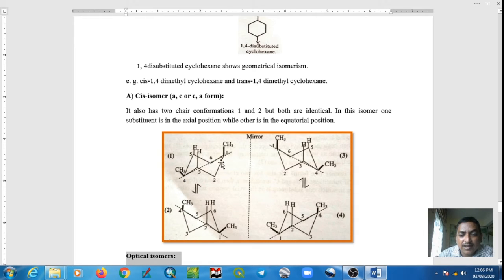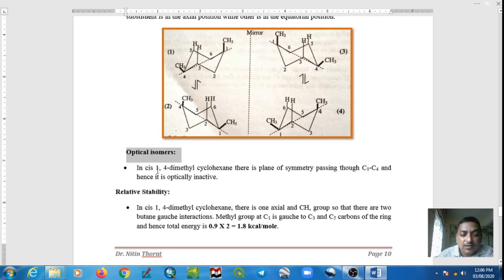Remember why it is optically inactive? Cis 1,4 dimethyl cyclohexane has a plane of symmetry passing through the C1 and C4 carbons, that's why it is optically inactive.